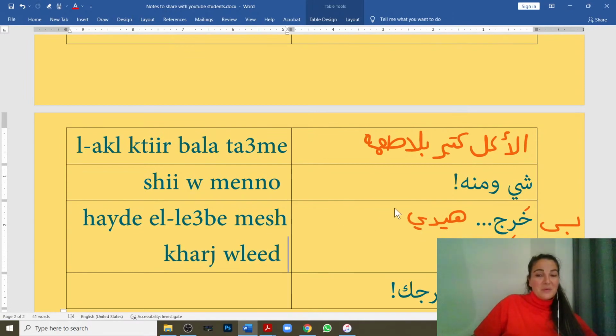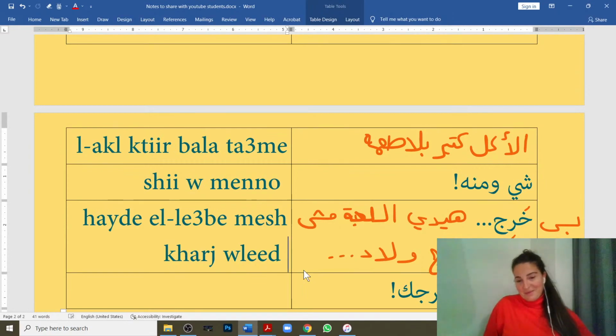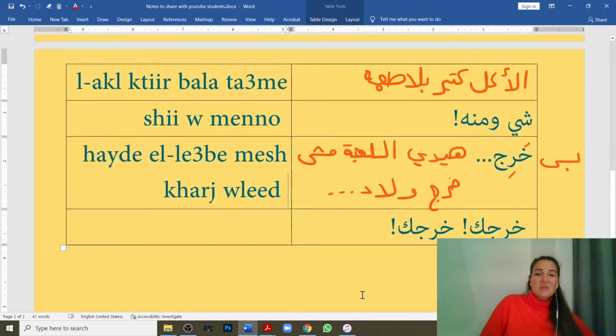But if you want to use it in a more colloquial way, I forgot the ب. هيدي اللعبة, let me write. مش خرج ولاد. My handwriting is a little bit crap. Anyways, so هيدي اللعبة مش خرج ولاد. But a lot of times I say to someone خرجك or خرجك.